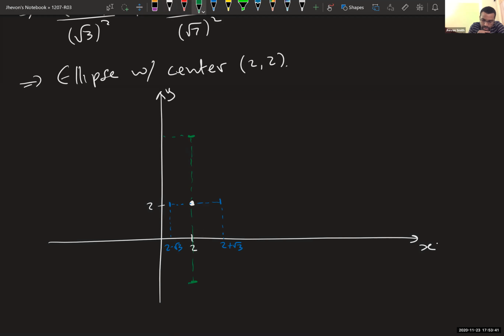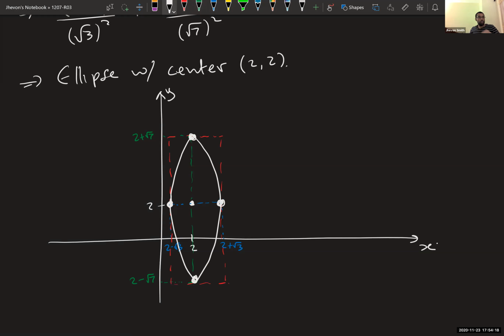So here, this is going to be 2 plus rad 7. Down here, this is going to be 2 minus rad 7. So this creates a box. That's our ellipse.